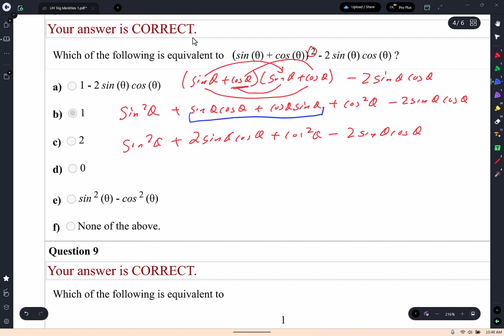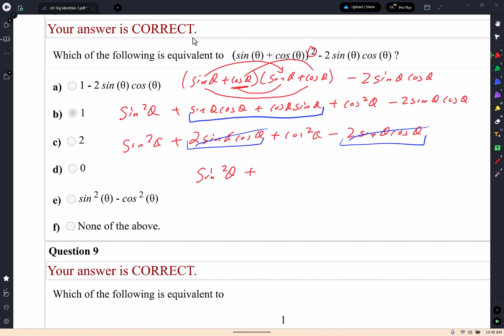The 2 sine theta cosine theta and the negative 2 sine theta cosine theta, what happens to those two? They cancel each other out. Now I just have sine squared theta plus cosine squared theta. That's a 1.